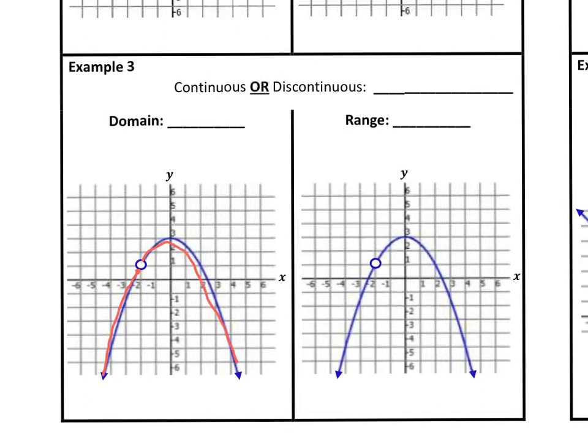So if I'm drawing it, this location, the location of this hole is causing me to lift my pencil. So it's discontinuous. And what's the location of this hole? It looks like it's at -2. So keep that in mind. So there's a hole. And if there's a hole, that means it's discontinuous.